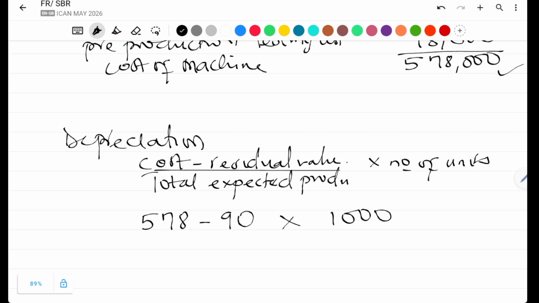All right, so that's divided by total expected unit is 5,000. So we took 1,000 out of that, and that will give us 97,600.